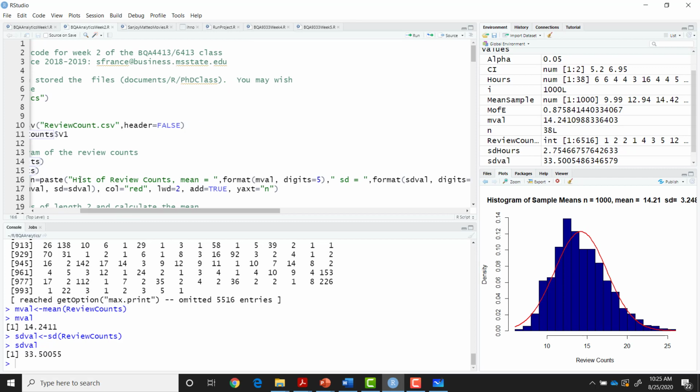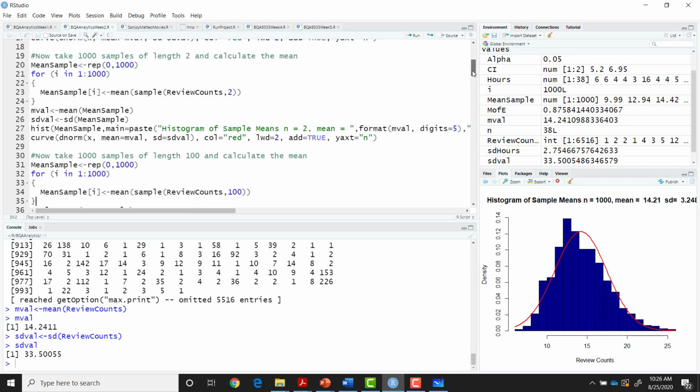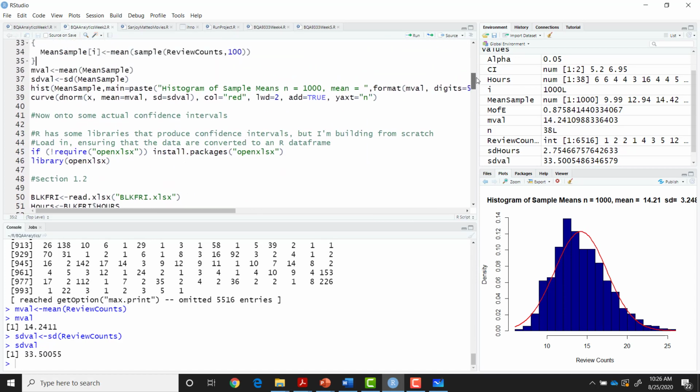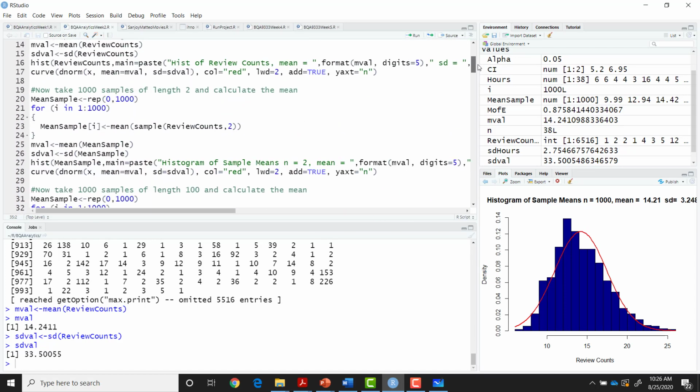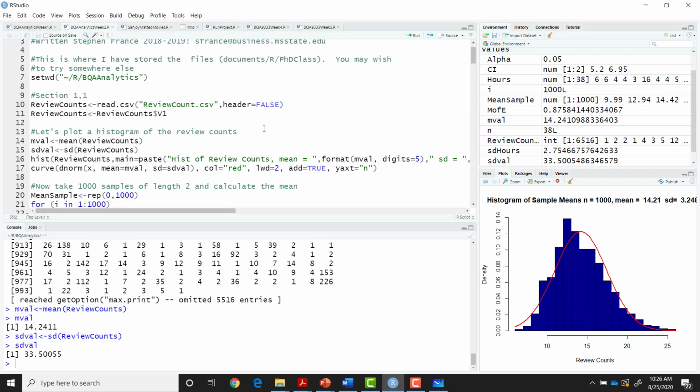So I have my main, hist of review counts mean equals, then there we go. Sorry, my computer's a little bit slow today for some reason. It allows me to change a number into a string. This is what format does. And then we have SD, and that's the same for the standard deviation.